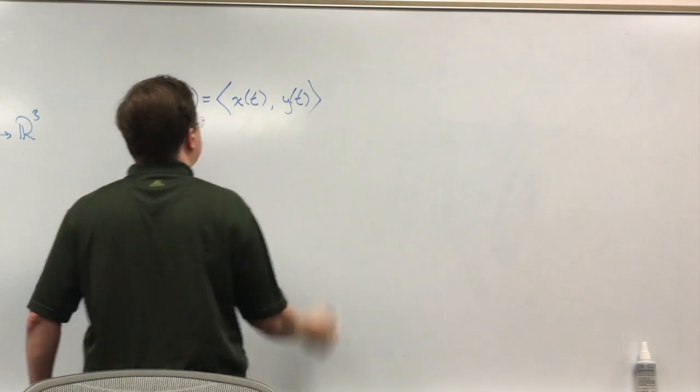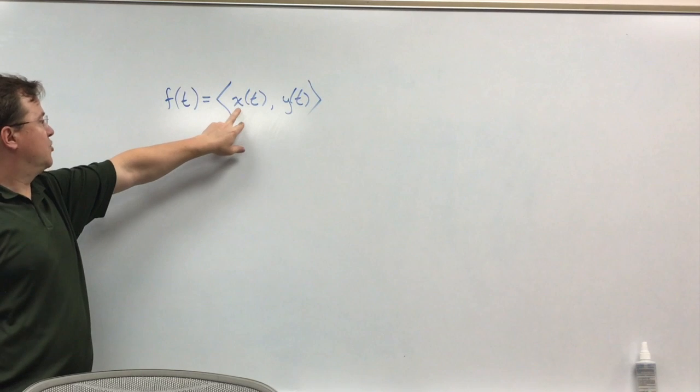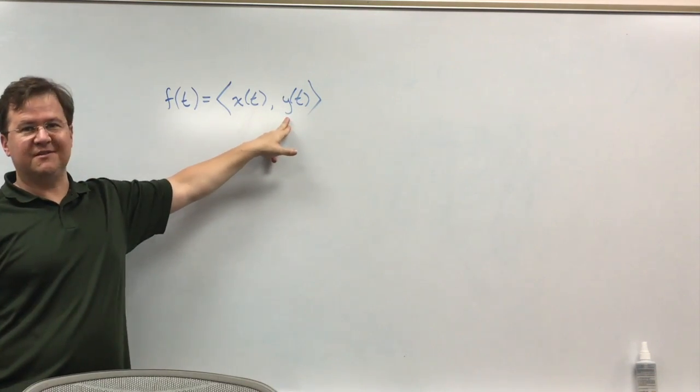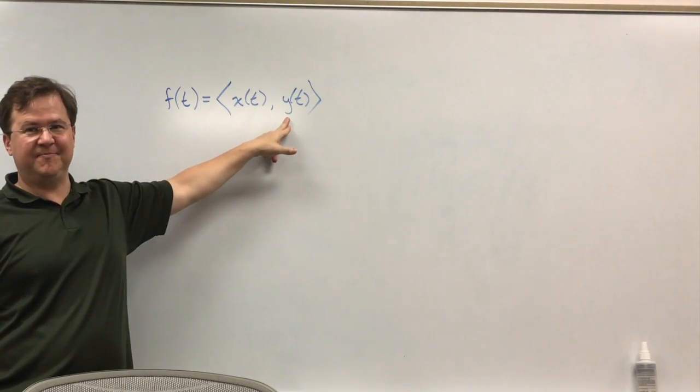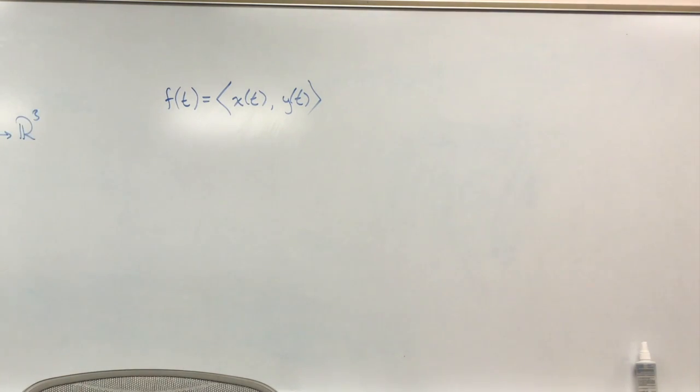So you see, x, I'm treating x not as a variable, but as a function. X is a function of t. Y is a function of t. Get it? And it's a function of t in the familiar sense.